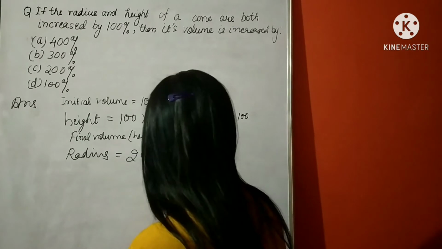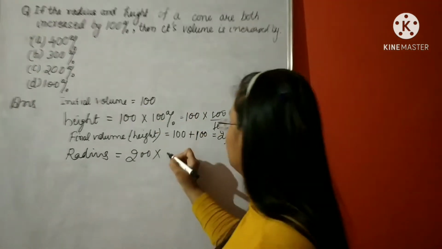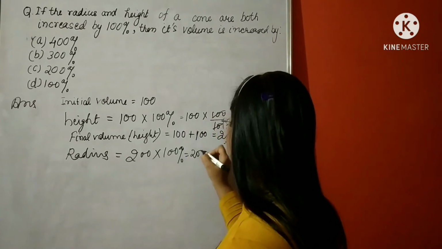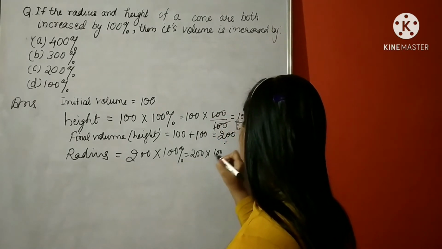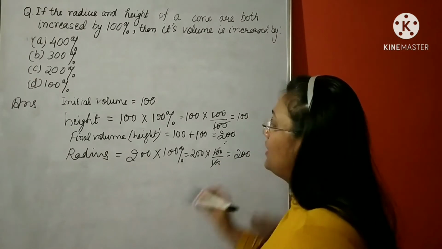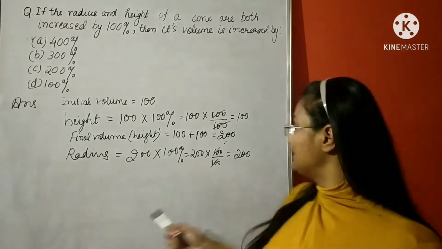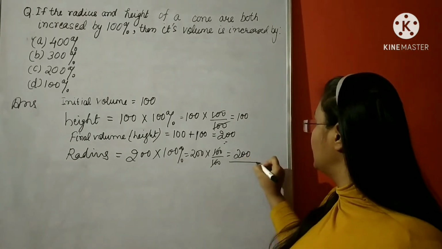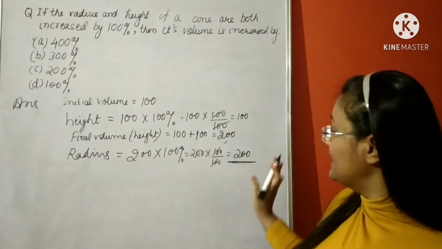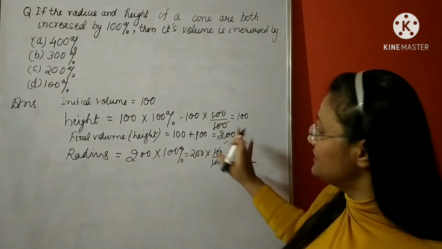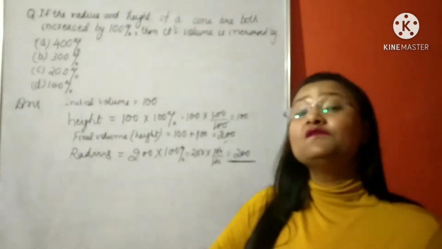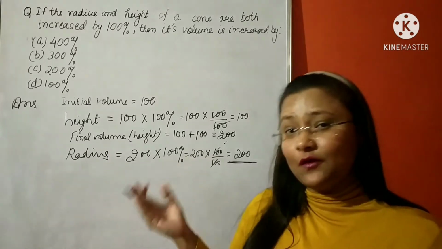So 200, and the increase is 100% in radius as well. So it will be like 200 into 100 by 100. So now after the 100% increase in radius, the volume has increased by 200. Now we will add this value to the previous one in order to get the final resultant volume.